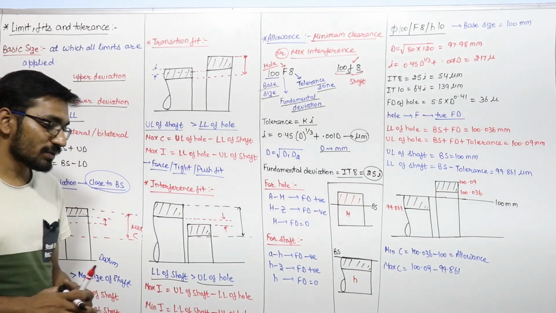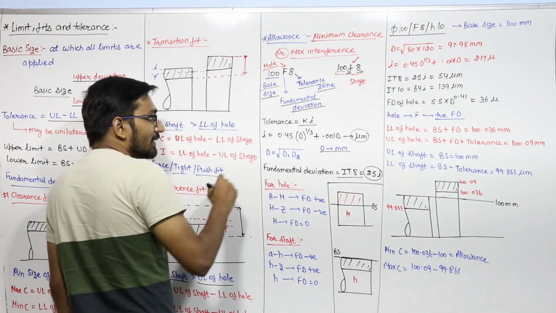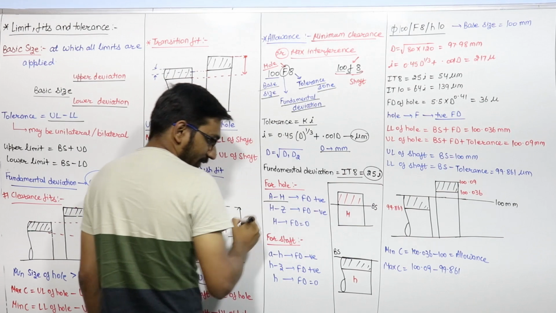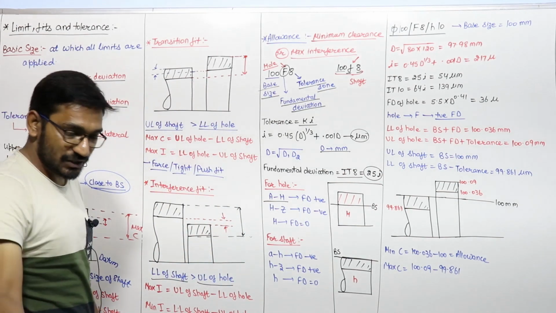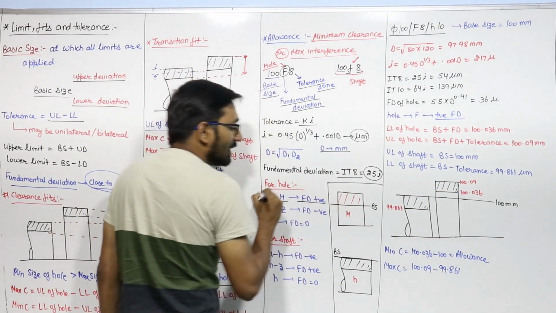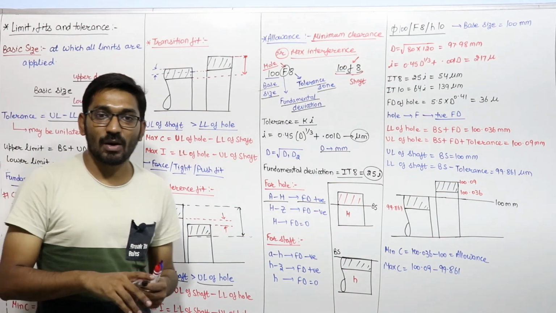एक चीज याद रखेंगे दोस्त, फॉर होल्स की बात कर रहे हैं. For holes, if this letter F, if this is from A to H, A B C D E F G H, from A to H, for hole the fundamental deviation is positive. The fundamental deviation is positive means what?